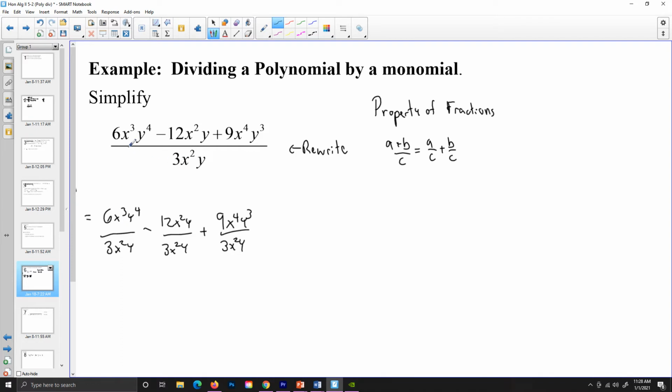Because I am subtracting a fraction, I have to have common denominators to do that subtraction. So here I'm just going to simplify each fraction.